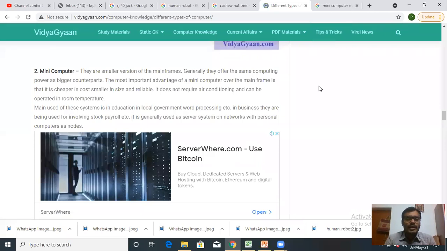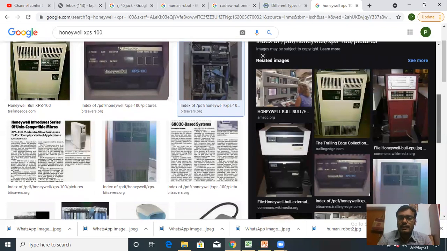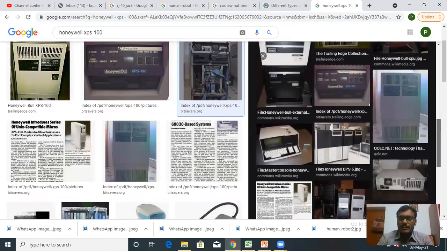This mini computer is more expensive than microcomputers but less expensive than mainframe computers, and it is able to support 200 users simultaneously. You can see, children, this Honeywell XPS 100 is an example of mini computers.